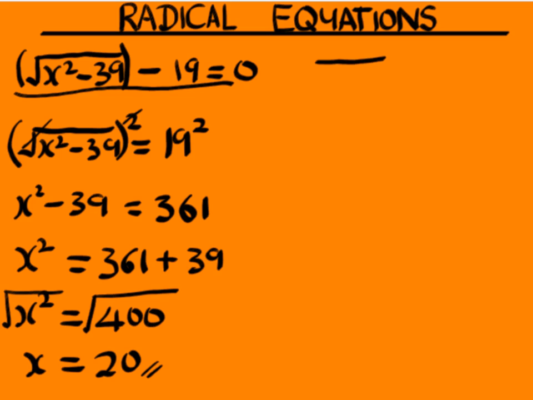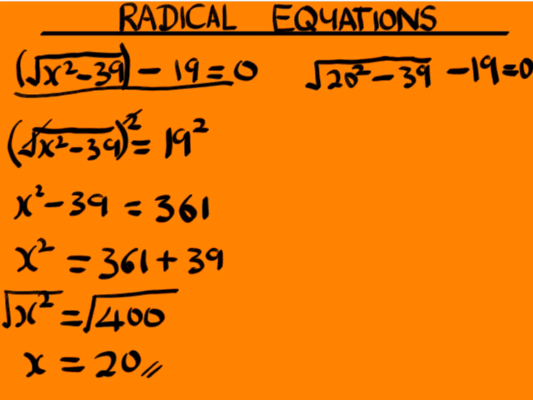So this gives us the root of 20 squared minus 39 minus 19 equal to 0. We are substituting x into our original equation.